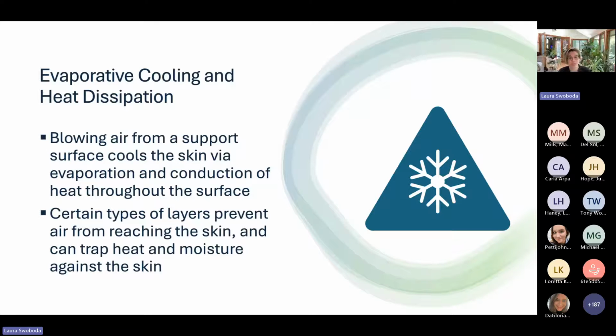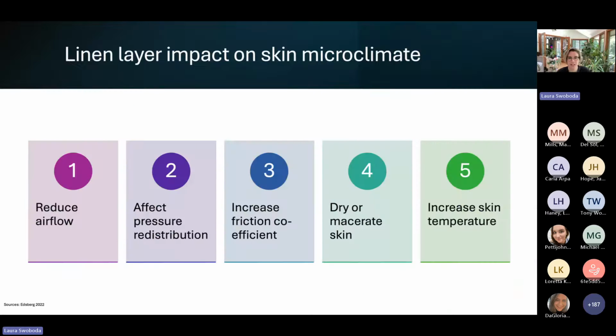Now, certain types of layers prevent air from reaching the skin, and they can actually trap the heat and the moisture against the skin. And I like this slide. I think it really sums up all of the impact of linen layers on skin microclimate. So there's actually a lot of different ways that it does. One, it reduces the airflow, right? It's just a physical blockage, reducing that airflow. It also affects the pressure redistribution, so the ability of that therapeutic surface to actually distribute the pressure.